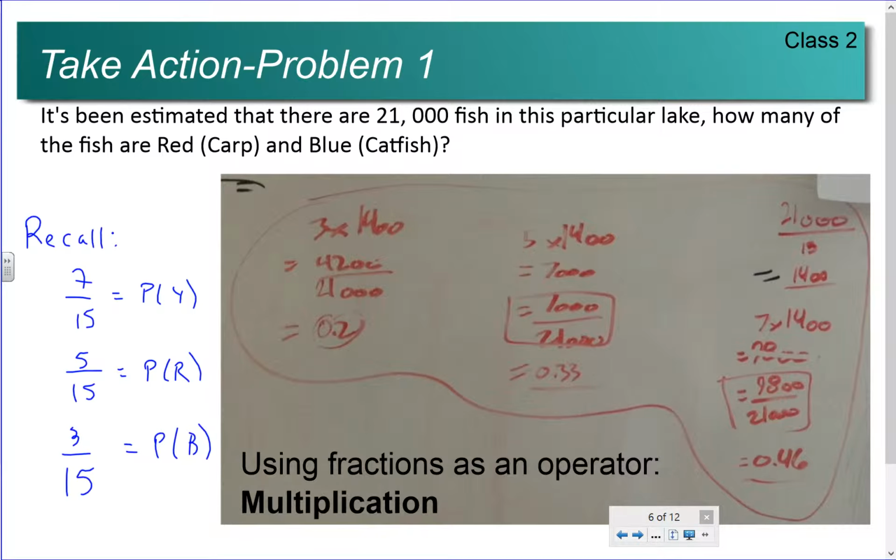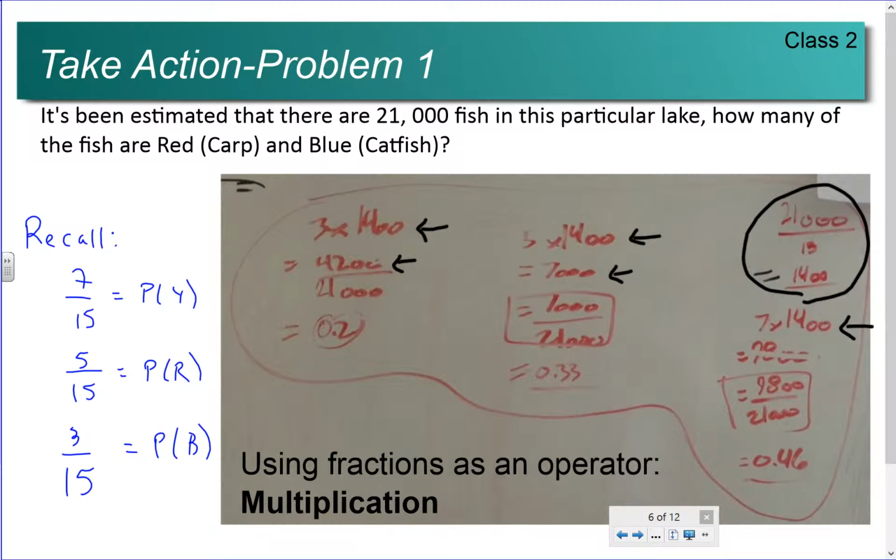Here's another group. They did the same thing. They found a 15th, and they then went through and multiplied, as you can see here, and here, and here, those particular values, that is the 1400, to arrive at the answers of 42, as well as a different value here, 7,000.